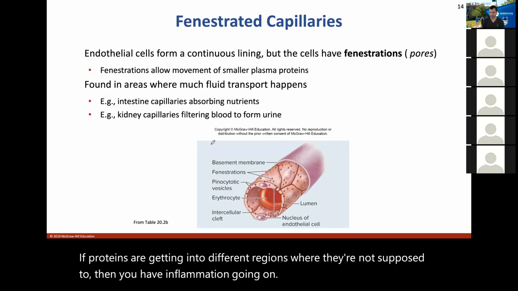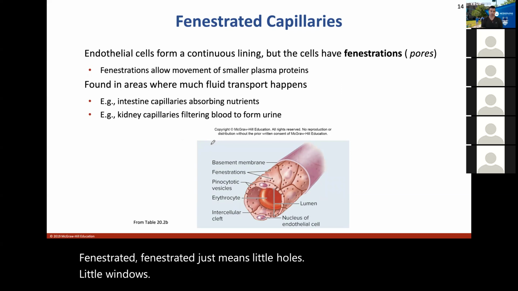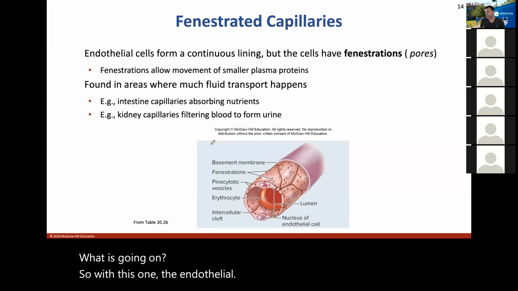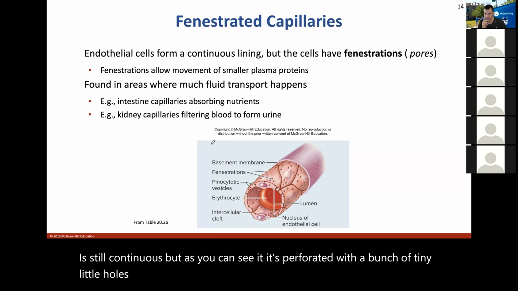Fenestrated. Fenestrated just means little holes, little windows. With this one, the endothelium is still continuous, but as you can see, it's perforated with a bunch of tiny little holes or pores.